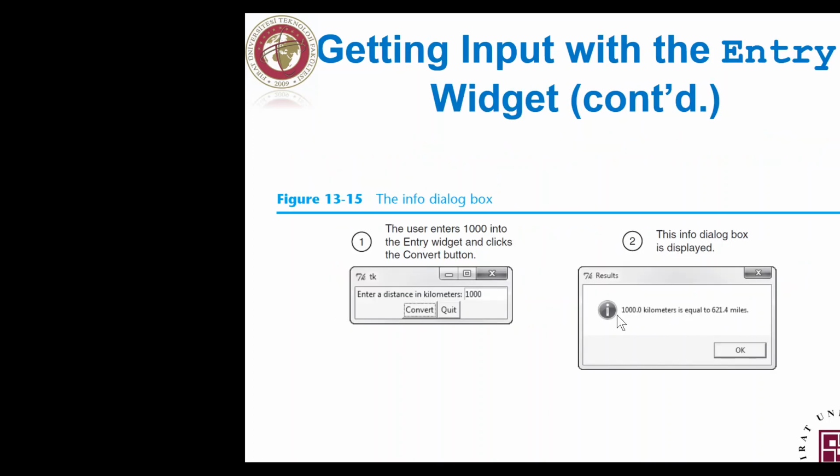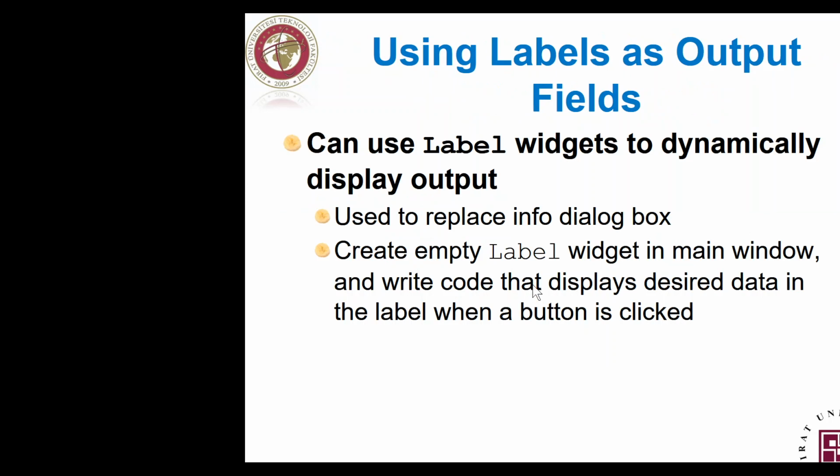Now, maybe I'm not interested in displaying this statement on a separate dialog box. I want it to be here, maybe below this button or above the button, top or bottom or whatever. Maybe next to this one, for example, I want a label that displays the output, the conversion. In that case, I can use a label. So the label we used before for displaying some text, we can use it for displaying some output.